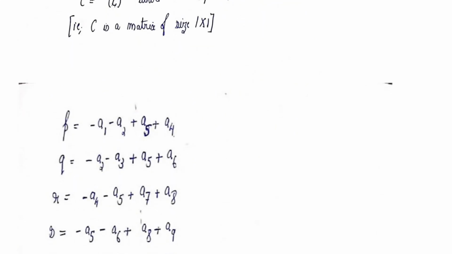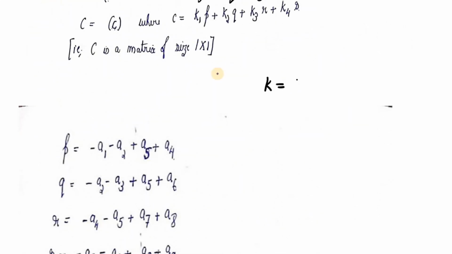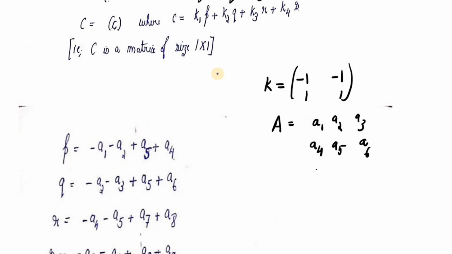We write it in a generic form, which is like this, and we also substitute the values of K's as well. So the value of K was equal to -1, -1, 1 and 1. This is the value of A, which is A1, A2, A3, A4, A5, A6, A7, A8, and A9.